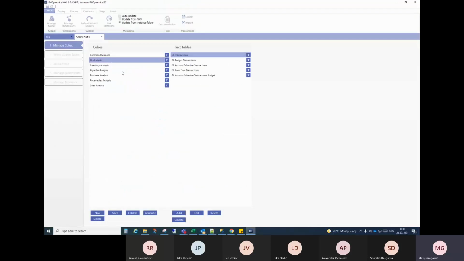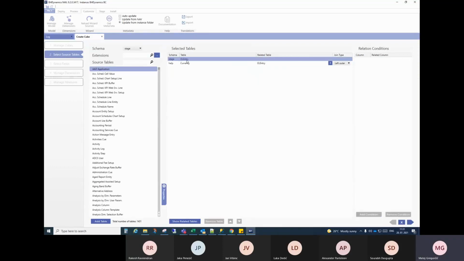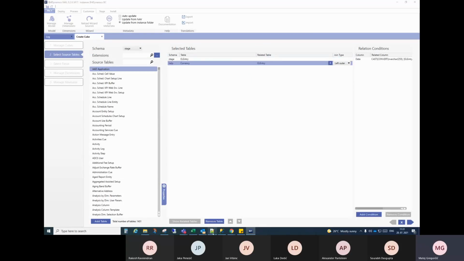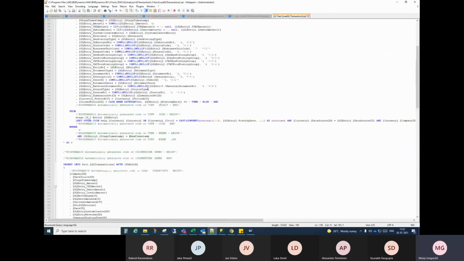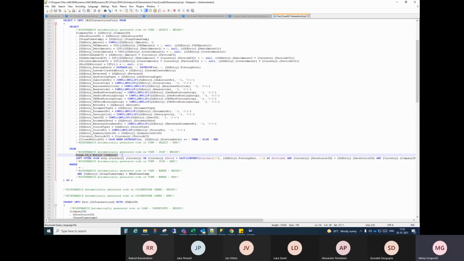Okay, so this is the output, and we'll try to recreate this in BI4 Dynamics right now. Good, let's go to GL analysis, GL transactions. Okay, added the fact. We'll see the same exact thing here. We added to the model stage GL entry and help currency. Now, if I go to output again, we will select some fields from GL entry and help currency.